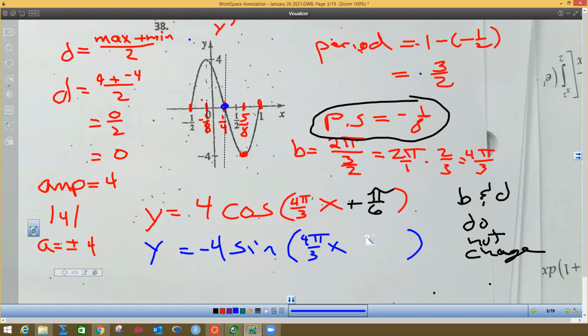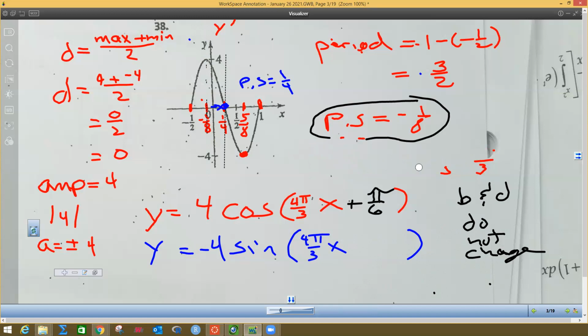All right, now I want to find C. Well, here's my phase shift right there. So the phase shift on this one is 1/4. You don't see it? And now I'm going to use that same formula I had a little while ago to find C for the blue part. So the C is equal to a negative B times the phase shift.